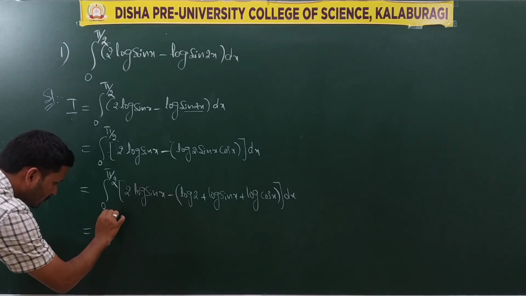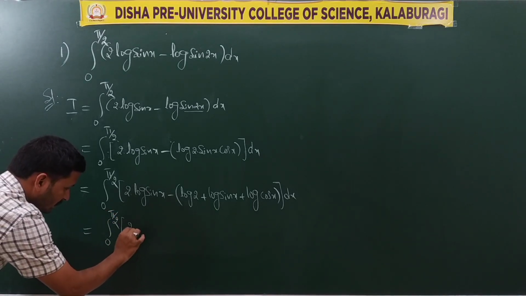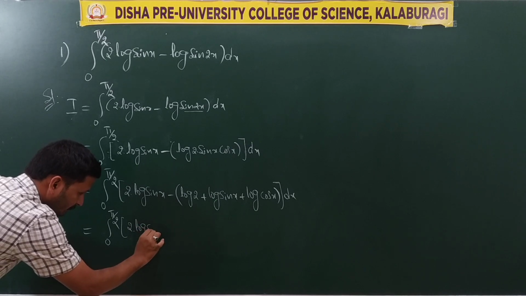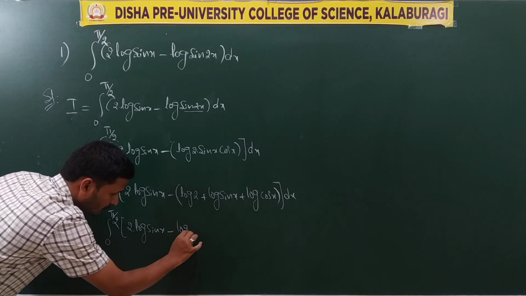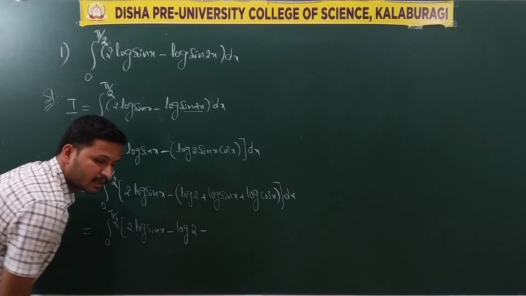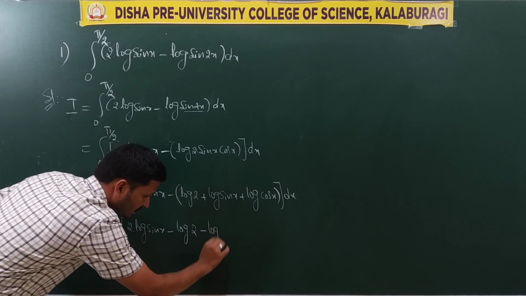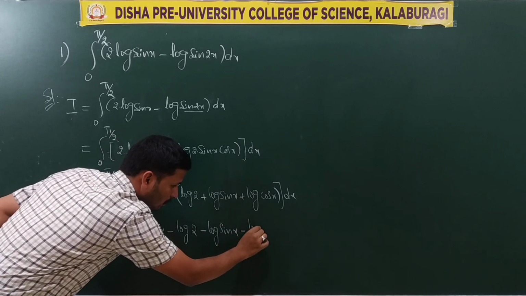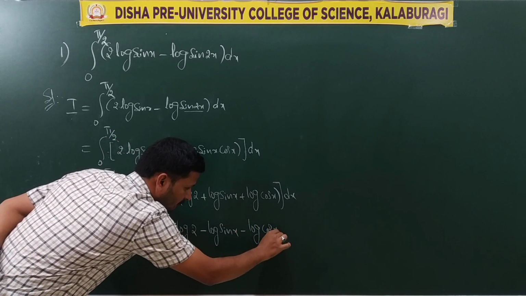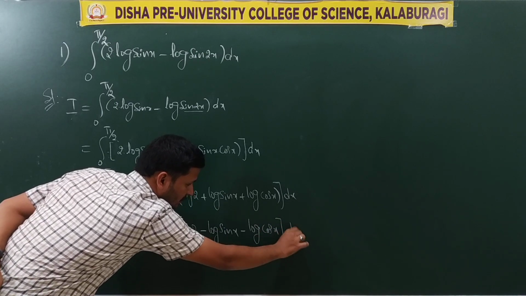So that is 2 times log of sin x minus log 2, minus into plus minus, so log of sin x again, and minus log of cos x, dx.